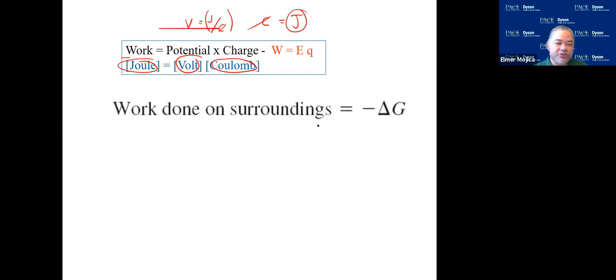Now, synonymous to this also is the free energy. The free energy is work done on the surrounding.